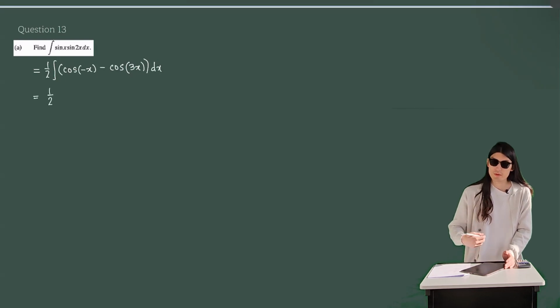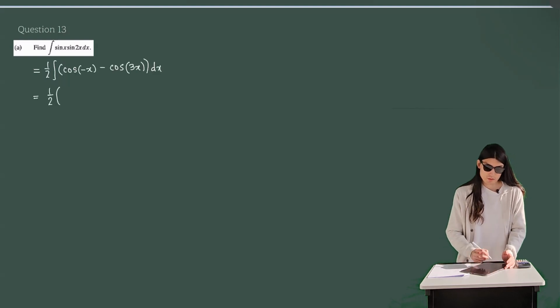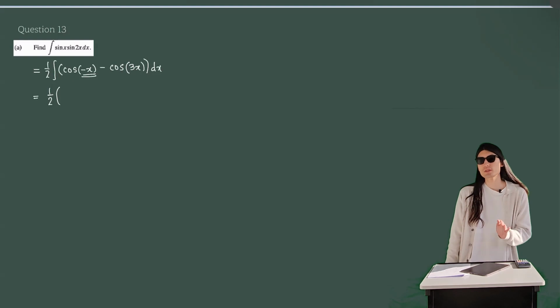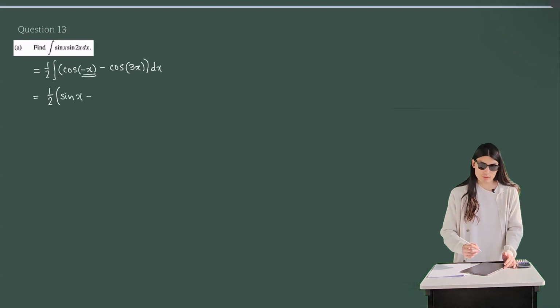And then very straightforward integration follows. So the cosine of minus x, well, cosine is an even function, so you can treat that as cosine x. And the primitive of cosine x is, of course, sine x. Similarly, reverse chain rule for cosine 3x.